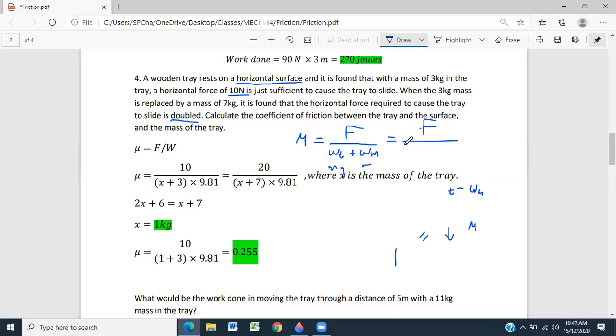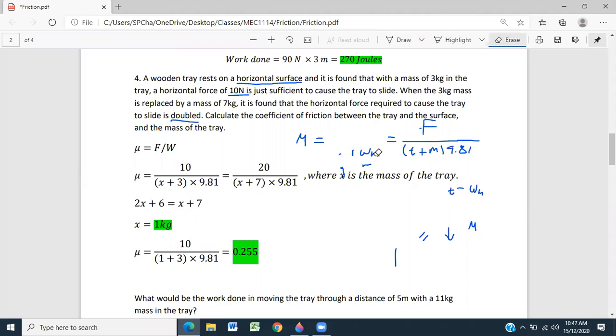What we can say is the mass of the tray, let's just call that T, plus the mass of the mass, let's just call that M, times the gravitational constant, 9.81. And this is the formula we want to work with. This is the formula we need.